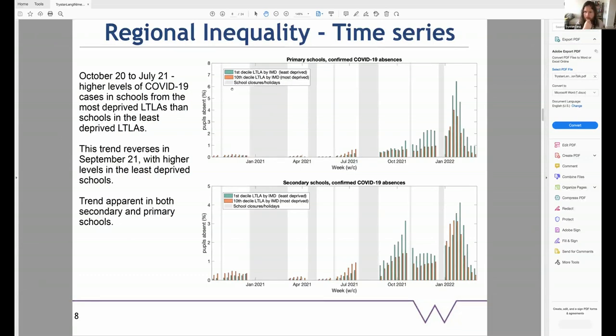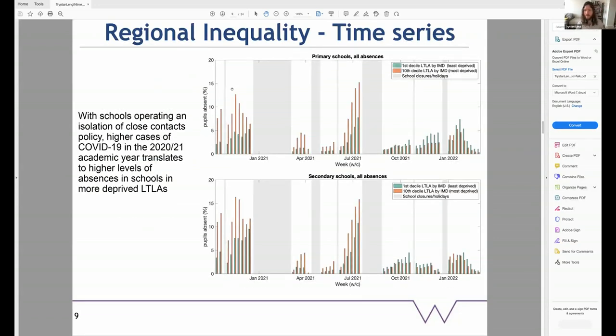After the summer holidays, however, this switches round. So we see that high levels of confirmed COVID cases occur in schools in the least deprived LTLAs. And this persists for primary and secondary schools.